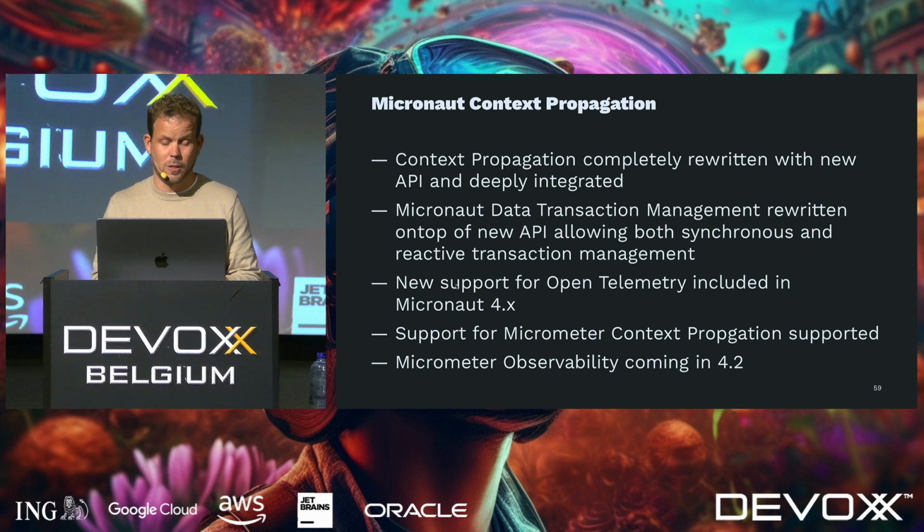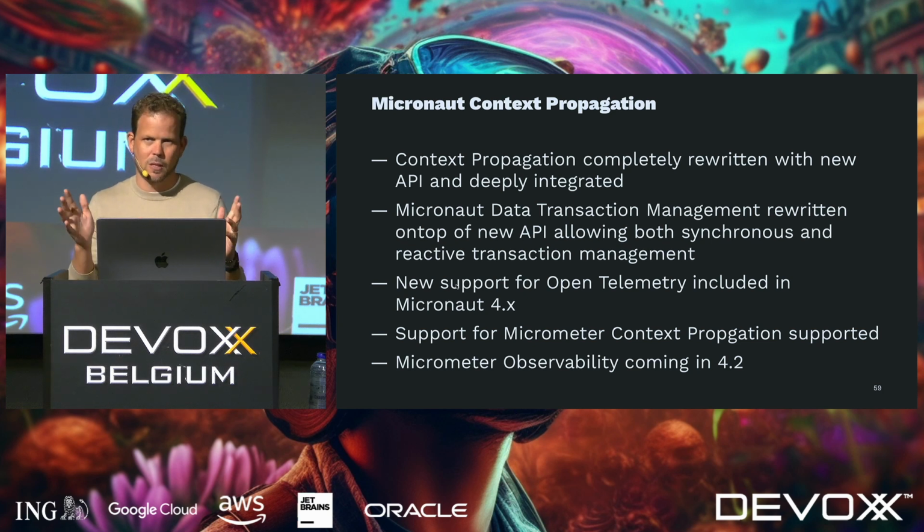We had one solution in Micronaut 1, another in Micronaut 2, another in Micronaut 3, in order to support the different context propagation possibilities, right? And we really wanted to get it right in Micronaut 4, because a lot of the context propagation APIs and instrumentation APIs were all marked as experimental or evolving in earlier releases.